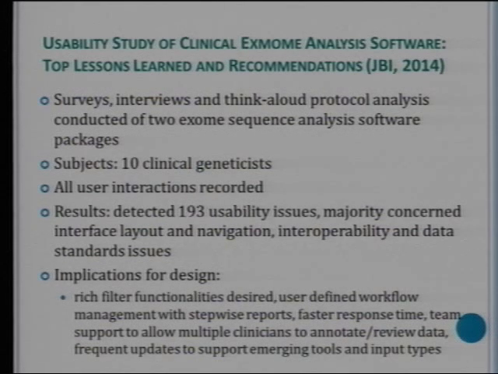The scenarios were actually about trying to detect mutant sequences. A faster response time was needed on one of the tools. Both tools elicited comments about team support, to allow multiple clinicians to annotate or review the data. And they also wanted more frequent updates to support new input types and tools.